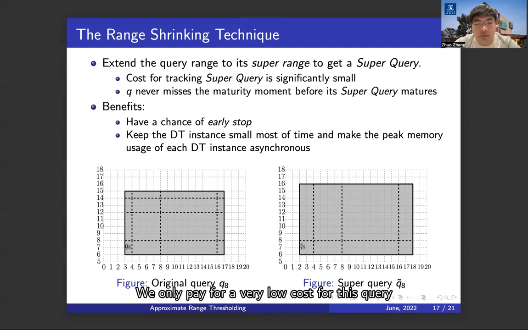We only pay a very low cost for this query. What's more, this technique can keep the DT instance small most of the time. And this will make the peak memory usage of each DT instance asynchronous. That means for each of the DT in practice, they usually do not reach their maximal space at the same time.